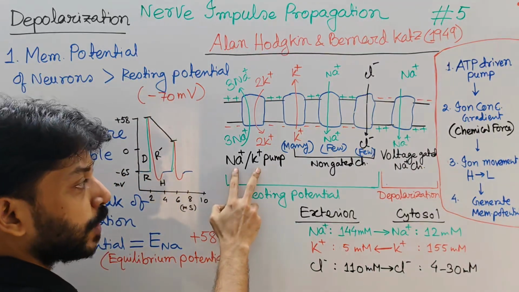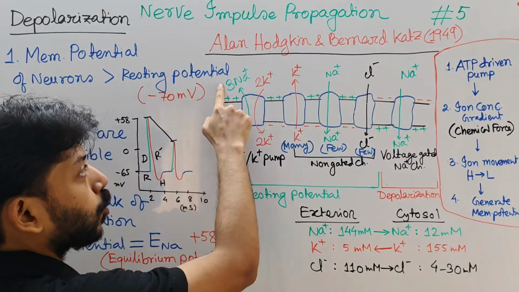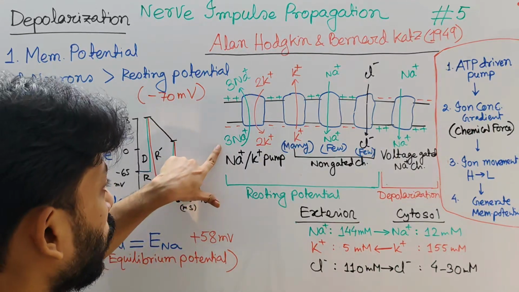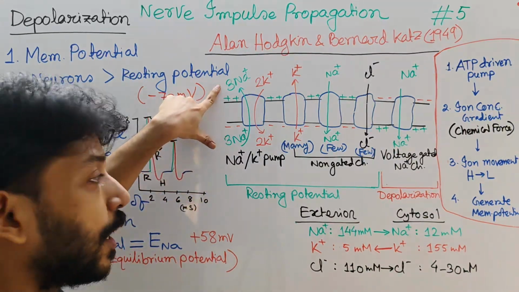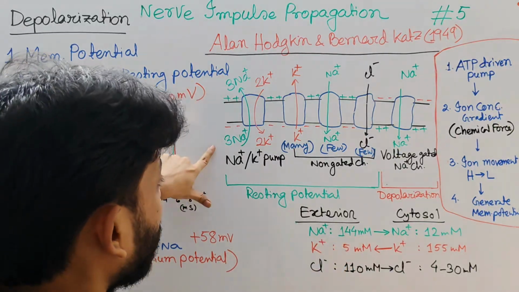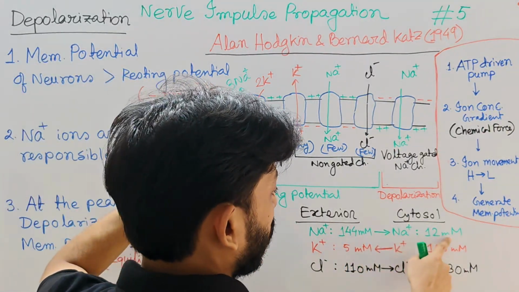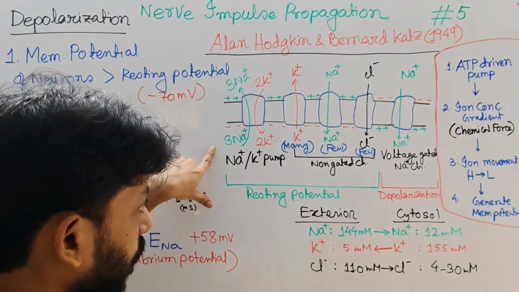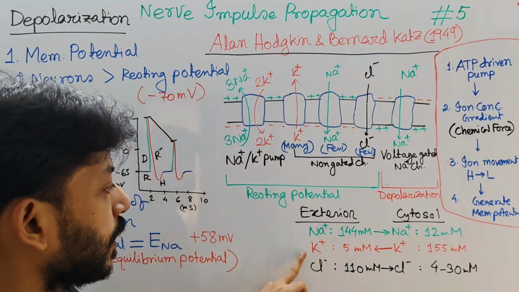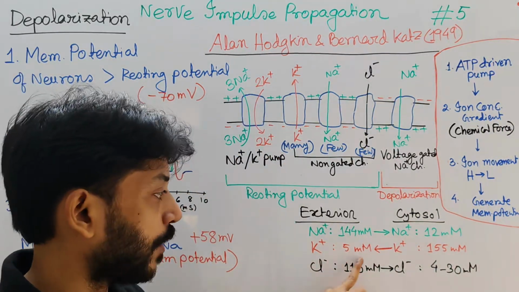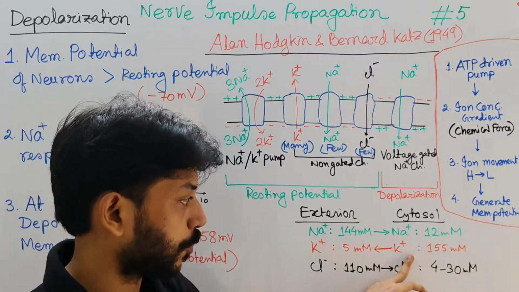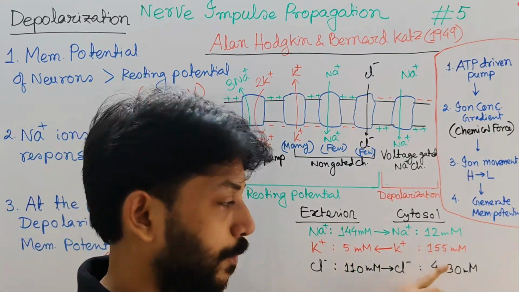Through this sodium potassium pump, sodium export occurs and potassium import occurs. Because this pump exports sodium, the outside concentration of sodium is higher, 144 millimolar, and the inside concentration of sodium is lower, 12 millimolar. In the case of potassium, because import occurs, the external concentration of potassium is 5 millimolar and the internal or cytosolic concentration of potassium is higher, 155 millimolar.